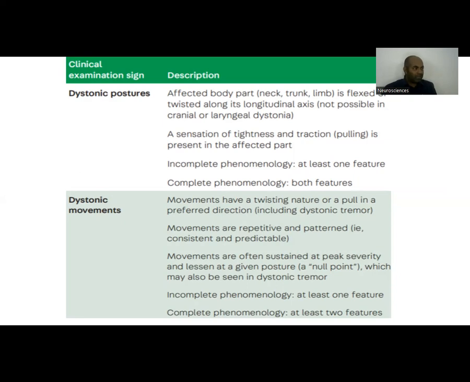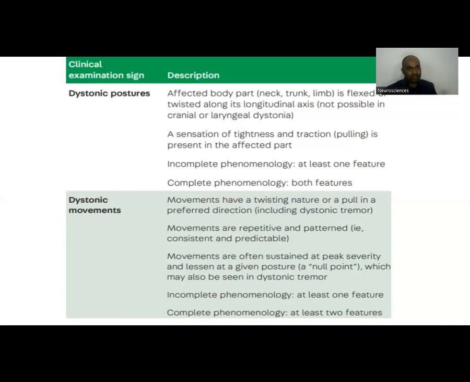Unlike chorea, it is a little semi-purposeful. Dystonic movements are repetitive and patterned, consistent and predictable. Movements are often sustained at peak severity and lessen at a given posture, called the null point, which may also be seen in dystonic tremor.